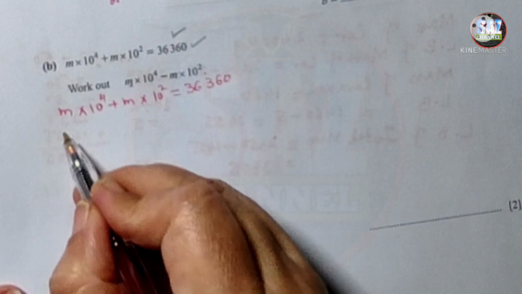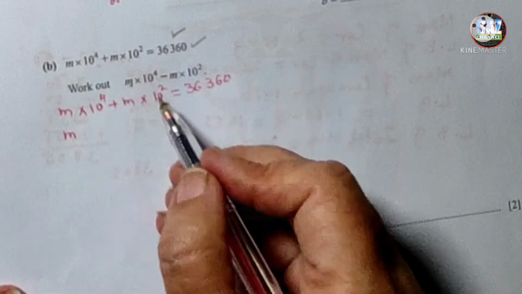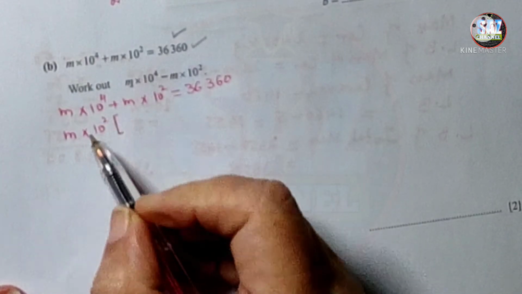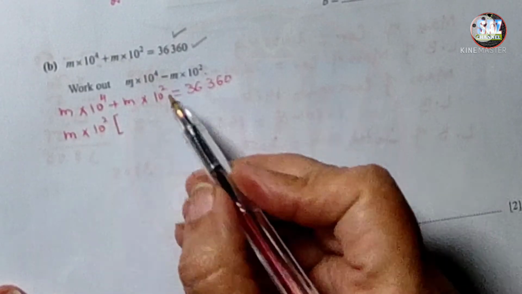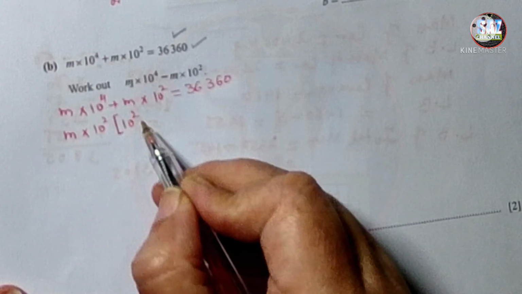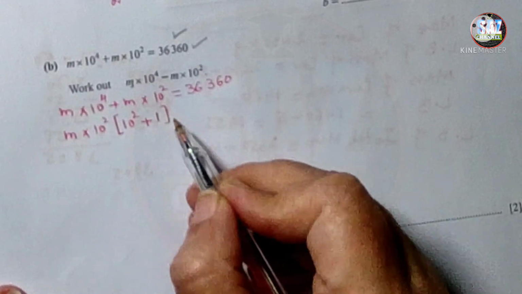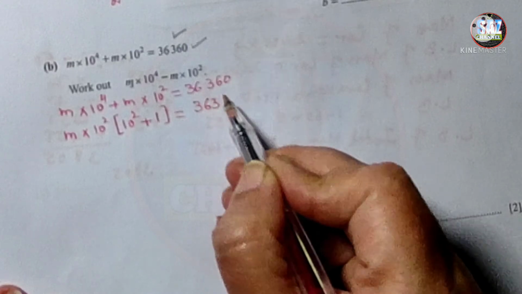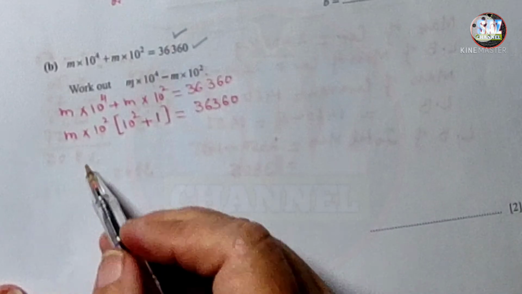I can pull out or extract m and 10 raised to power 2 as a common factor, and inside the bracket, because from m multiplied by 10 raised to power 4, m into 10 square is extracted as a common factor, it will become 10 square plus 1, and equals 36,360.